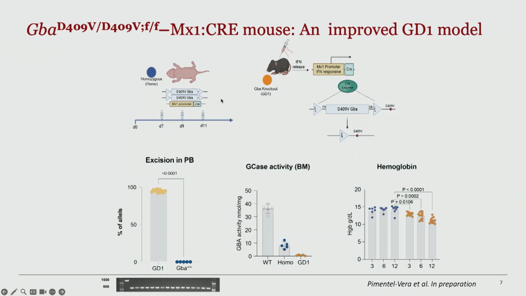This point mutation caused a reduction in the GCase activity in all tissues in the mouse, so we have a model with complete excision of the gene in the blood cells, with completely reduced enzyme activity in the bone marrow, and also with an early onset anemia that starts at 3 months.